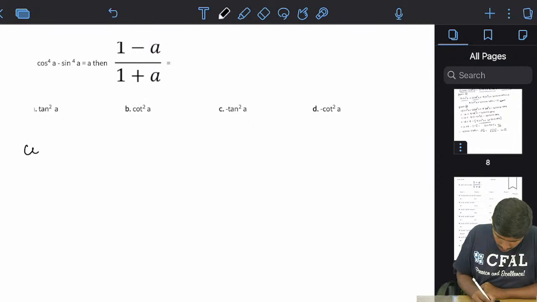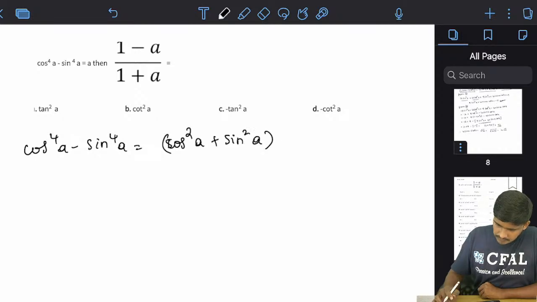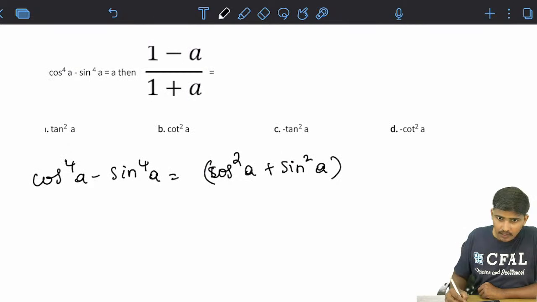So cos power 4a minus sin power 4a, I can write as cos square a plus sin square a into cos square a minus sin square a.